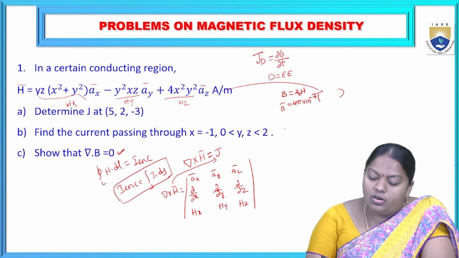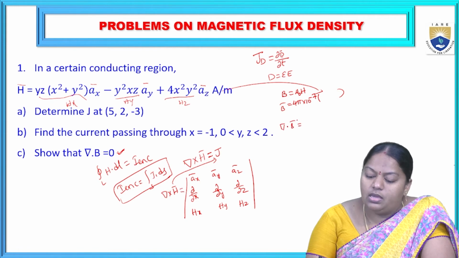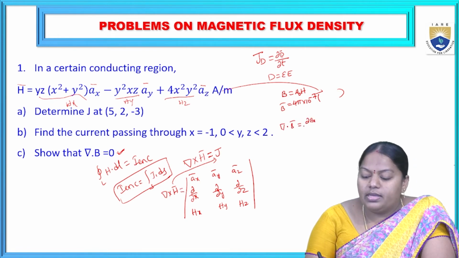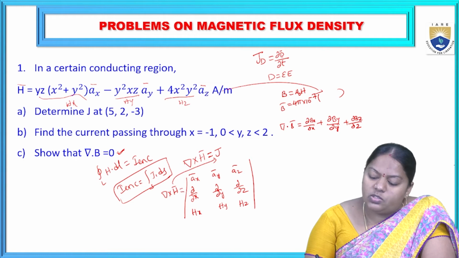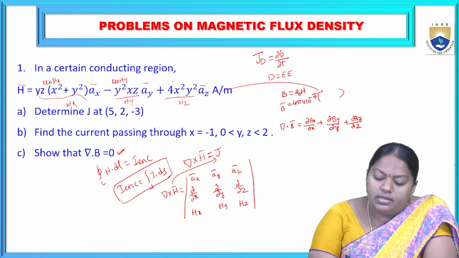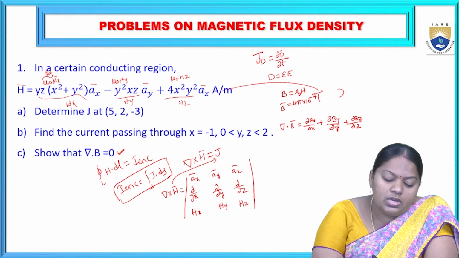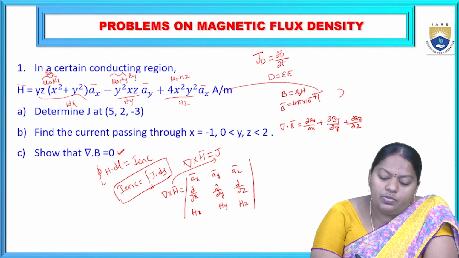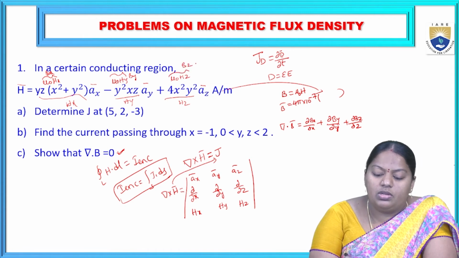In order to prove this, the formula for del dot B is dou Bx by dou x plus dou By by dou y plus dou Bz by dou z. So Bx, By, Bz values are mu naught into Hx, mu naught into Hy, and mu naught into Hz respectively.